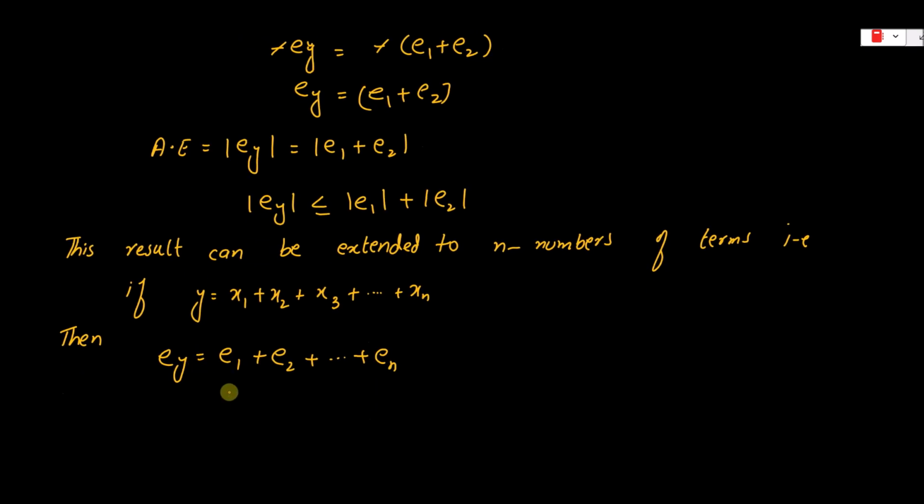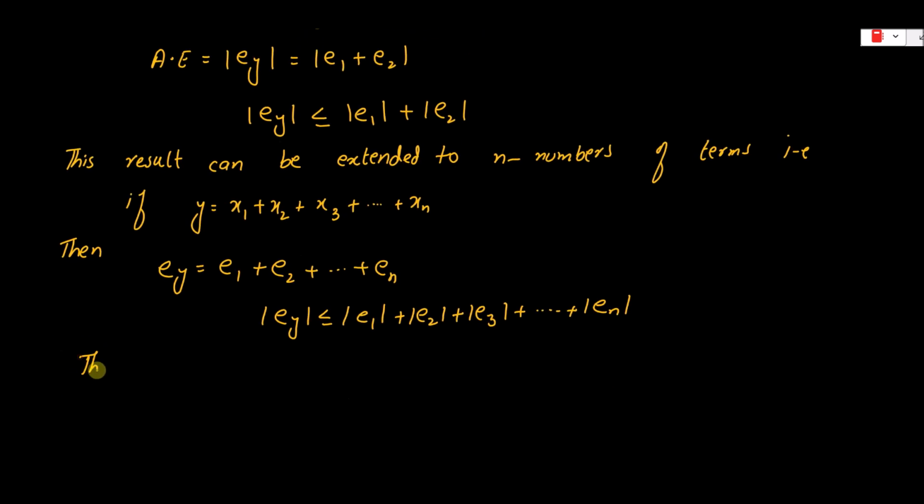So according to this, we may write that mod ey is less than or equal to mod of e1 plus mod of e2 plus mod of e3, and this goes up to the nth term.